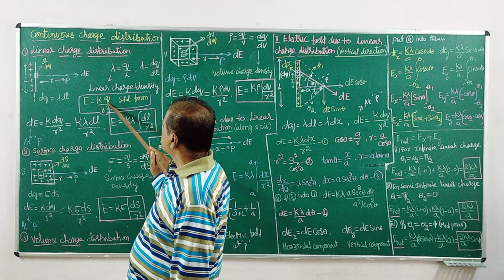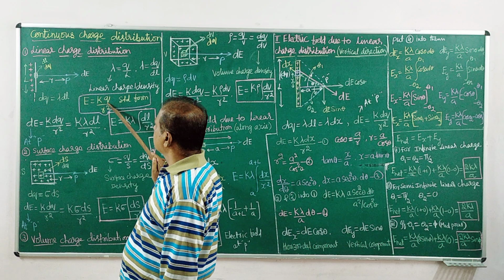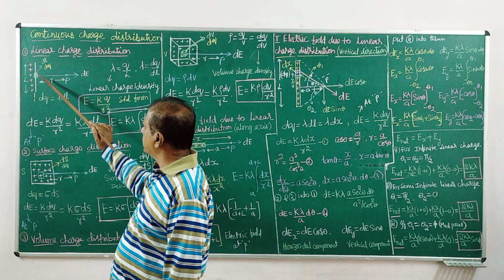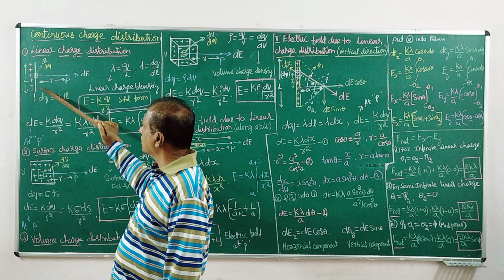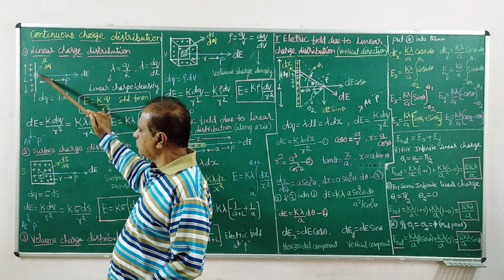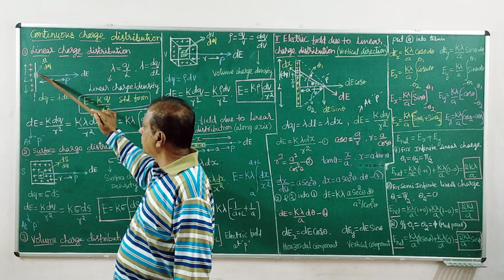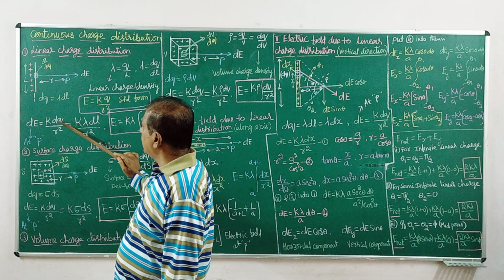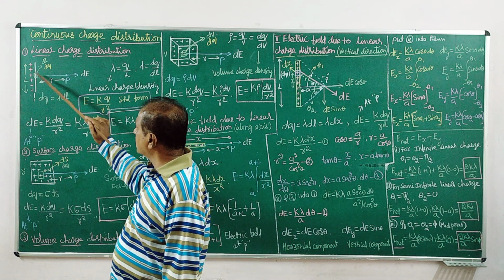We shall write this for infinitesimal change. That is, if q is equal to dq, I am taking this element, not the entire thing. That is the infinitesimal element. This is a dq. What is the electric field by this element at this point?